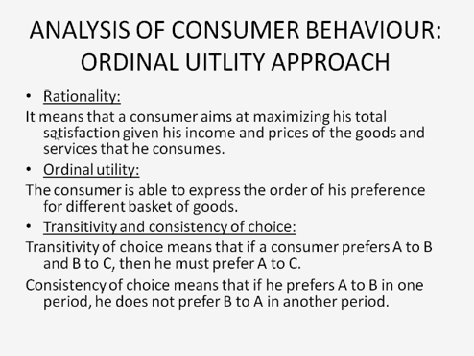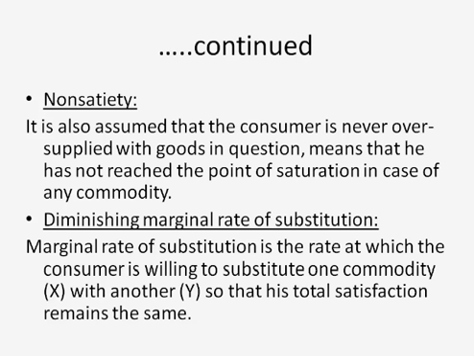Next assumption is that the consumer has consistency of choice. Means if in one period he prefers A to B, then in another period he should not prefer B to A. Next assumption is non-satiety. Satiety refers to the condition of being full or gratified beyond the point of satisfaction.